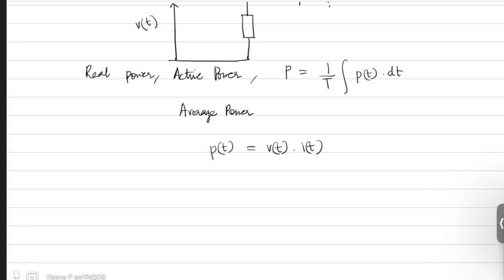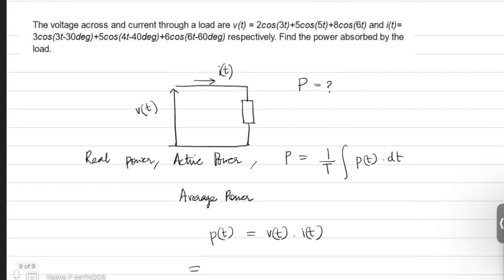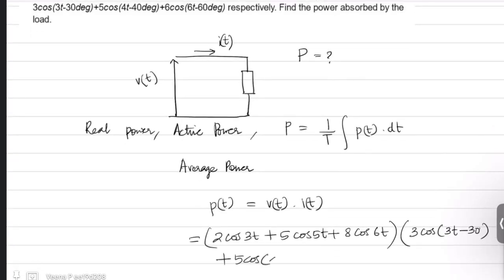So in the given problem you are given the instantaneous voltage, which is 2 cos 3t plus 5 cos 5t plus 8 cos 6t, which is the voltage, and the current is 3 cos(3t minus 30 degrees) plus 5 cos(4t minus 40 degrees) plus 6 cos(6t minus 60 degrees).